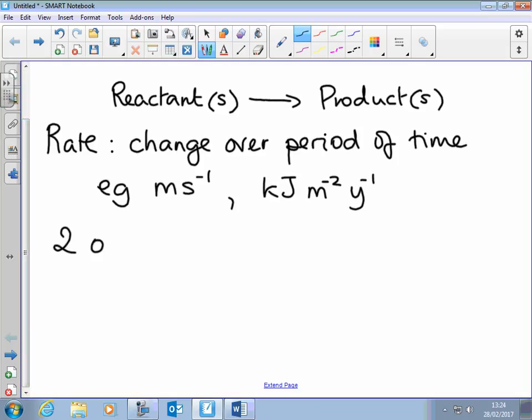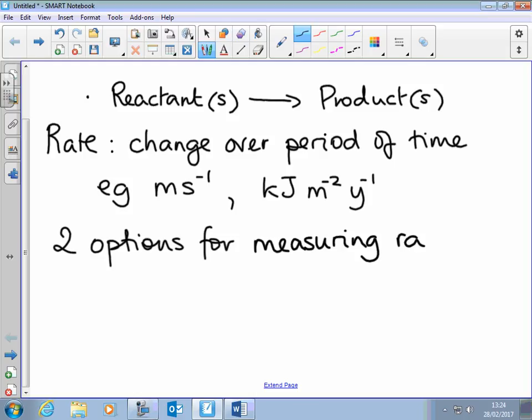All right, so two options for measuring the rate, and the reason I started with that overview of a reaction: you can look at the speed with which your reactant disappears, or you can look at the speed at which your product appears.